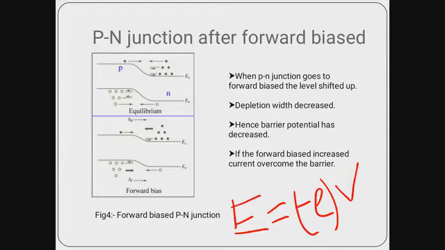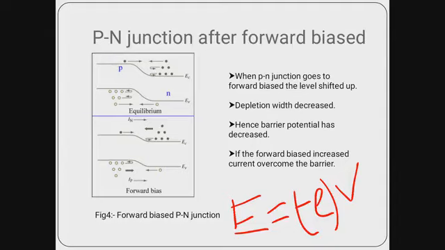increases sharply. So when the level goes up, plenty of electrons move from N to P side, and holes migrate from P to N side. This basically happens due to the attraction of oppositely charged particles, because the P side is connected to the positive polarity of the battery and the N terminal to the negative polarity.